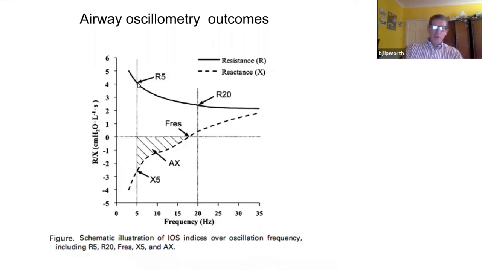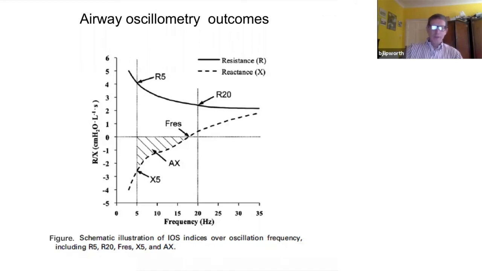So at low frequencies, say at 5 Hertz, you can see the resistance is proportionally much higher than the resistance at a higher frequency at 20 Hertz. And that's because lower frequencies travel further and deeper into the lung, and higher frequencies travel a much shorter distance. It's a bit like the radio wave idea of long wave and short wave, that kind of thing.